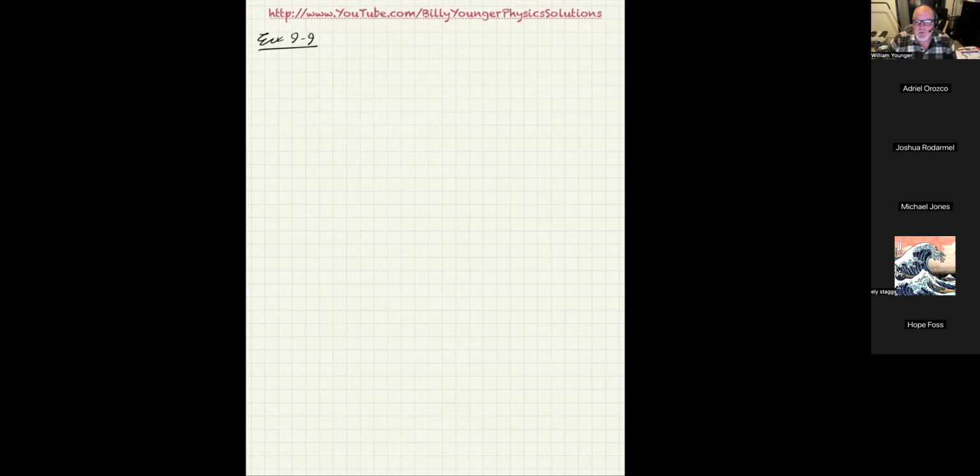I'm going to read it to you like I've been doing. So again, this is another time where it's best if you actually have your textbook, your ebook open so that you can look back and forth between the actual questions, but I will be reading them in their entirety. So this is example 9.9, a nuclear collision.